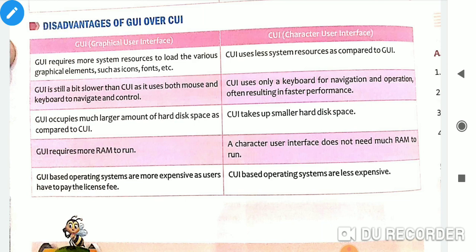GUI is also a bit slower than CUI as it uses both mouse and keyboard to navigate and control. But CUI uses only the keyboard for navigation and operation, often resulting in faster performance. GUI definitely requires more RAM to run, and CUI, as a character user interface, does not need much RAM to run.